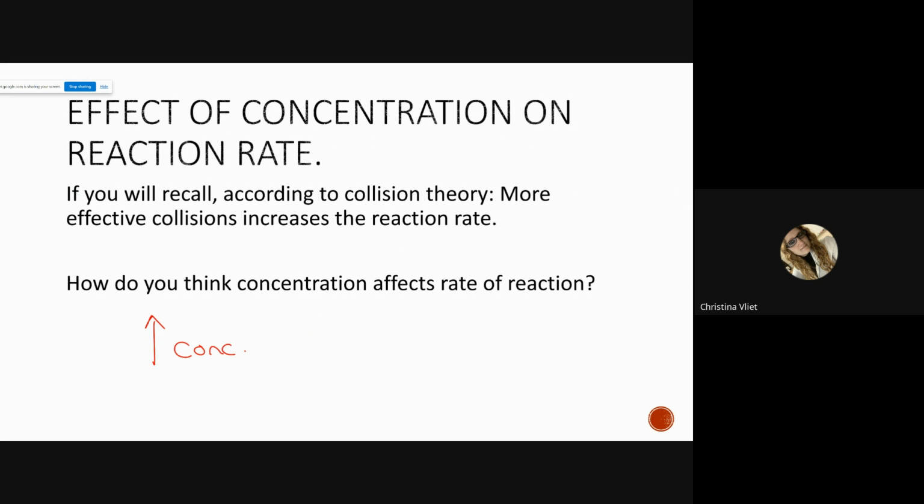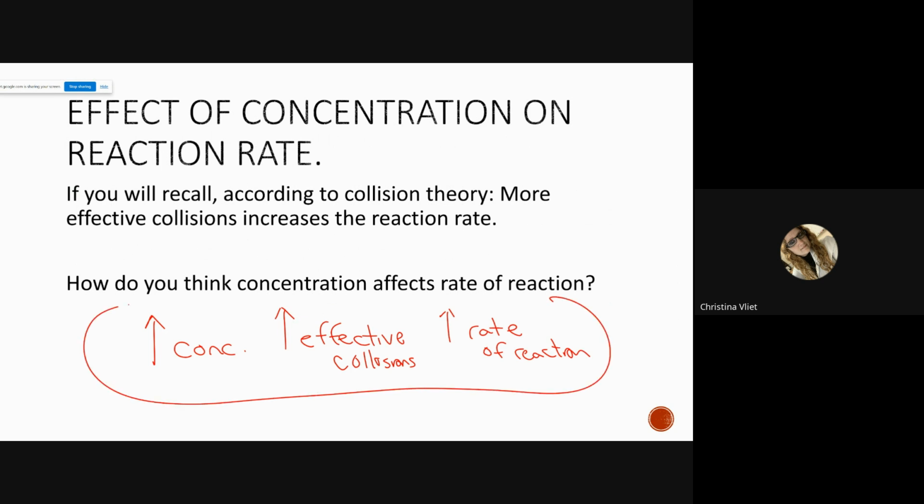So the change in concentration will increase the effective collision, which therefore increases the rate of reaction. And I would just remember, because I have more of them, they'll effectively collide more often. And so this will make our reaction go faster.